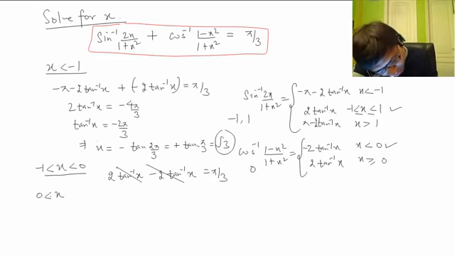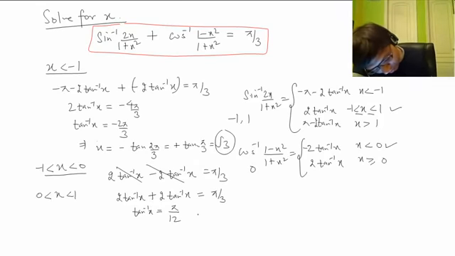If you make the interval 0 to 1, sine inverse is 2 tan inverse x, right? And cos inverse is also 2 tan inverse x, equal to pi by 3. So it is 4 tan inverse x equals pi by 3, so tan inverse x equals pi by 12.